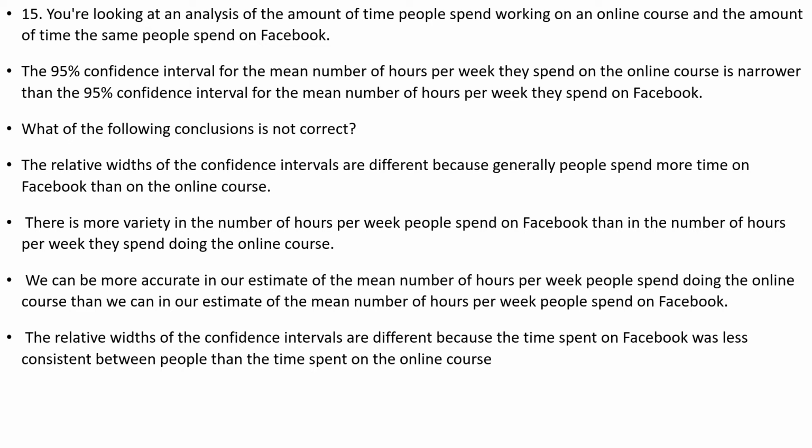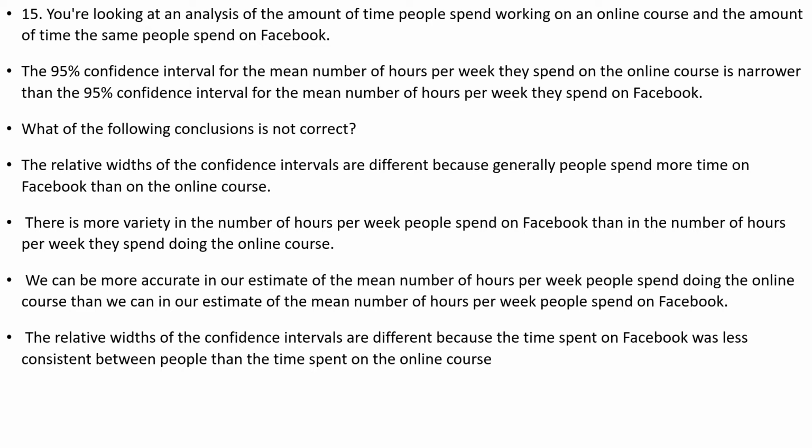The relative widths of the confidence intervals are different because generally people spend more time on Facebook than on the online course. There is more variety in the number of hours per week people spent on Facebook than in the number of hours per week they spent doing the online course.